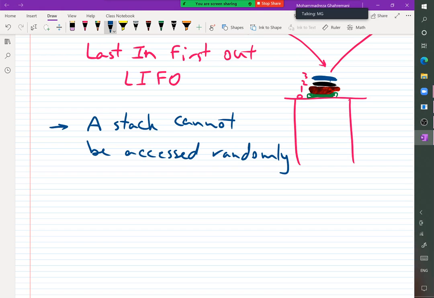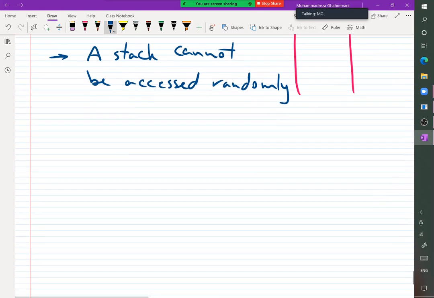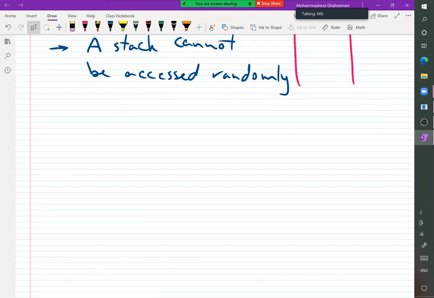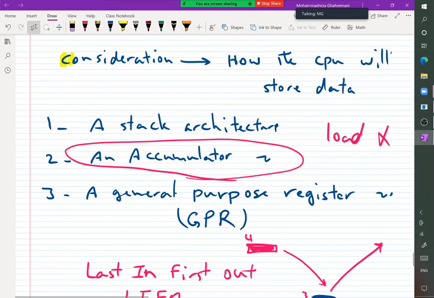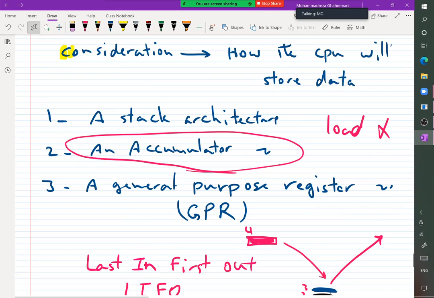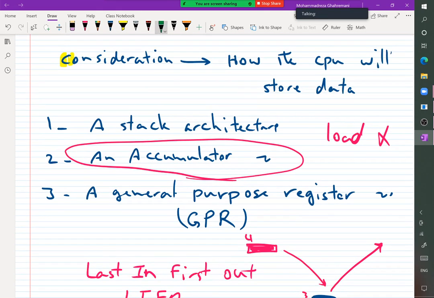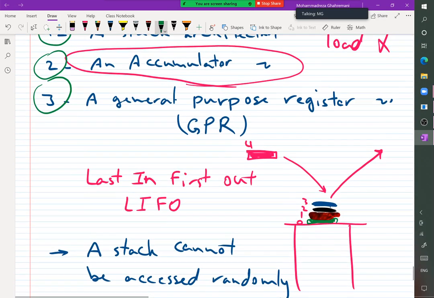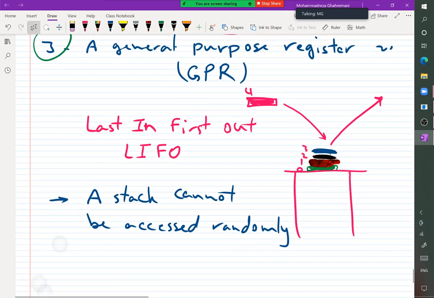In accumulator architecture, one operand of the binary operation is in the accumulator. So here I said we have three different architectures: 1, 2, 3. We already discussed number 1 here, and we will discuss it in detail.